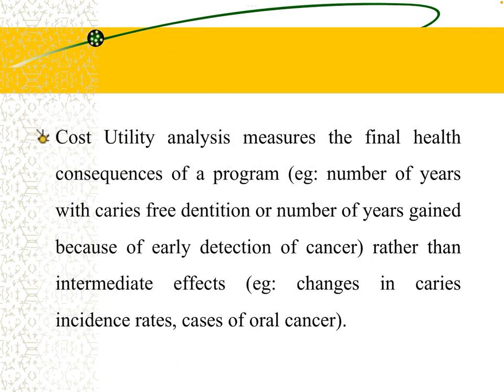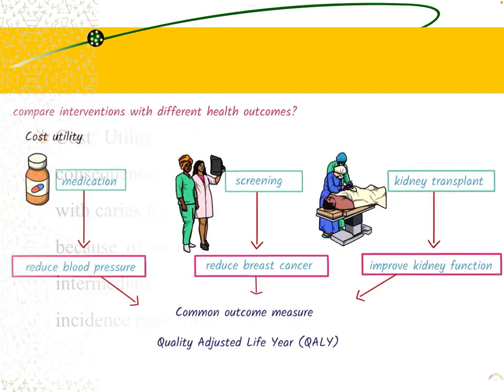Cost utility analysis measures the final health consequences of a program rather than intermediate effects. So a final health consequence is, for example, the number of years with caries-free dentition or the number of years gained because of early detection of cancer. An intermediate effect means, for example, changes in caries incidence rate or cases of oral cancer.